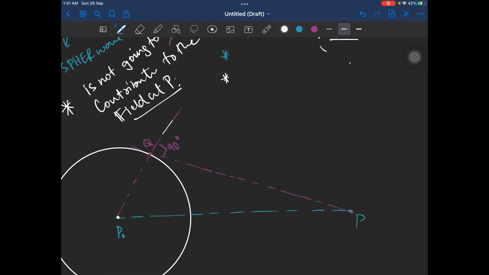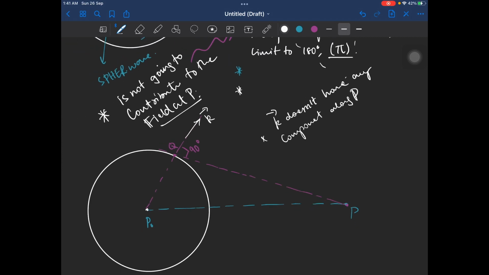I mean, it kind of makes sense, but it does not. Let's say there's a vector K here. K doesn't have any component along P. It's naively saying that. I don't know. It is not even saying that maybe, but it kind of looks like that, feels like that. Let it be. I just put it that way. Yeah.